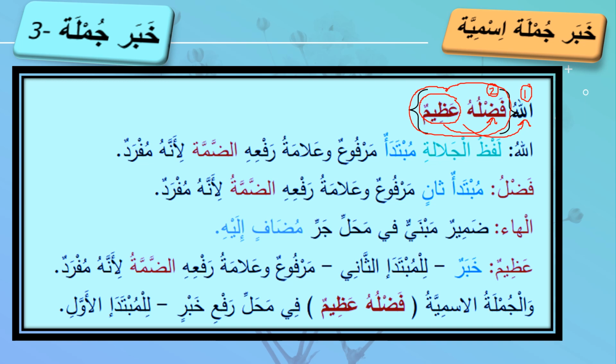And now let's see again the i'rab of khabar jumla ismiya. Jumla ismiya fadluhu azimun. This is the jumla ismiya and it is in the position of raf, and it is khabar for whom? For mubtada awwal, the first mubtada. The whole sentence coming as a khabar for the mubtada 1. I hope it's clear for you now.